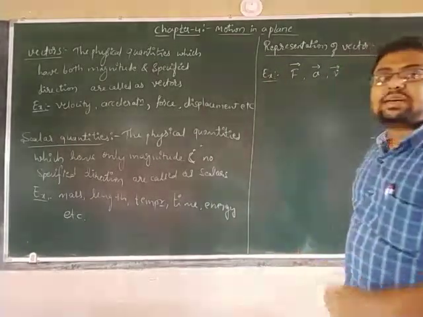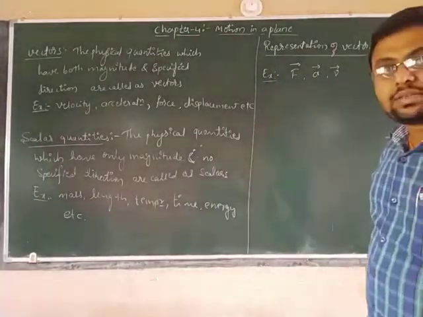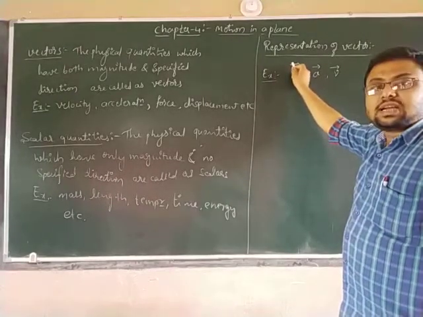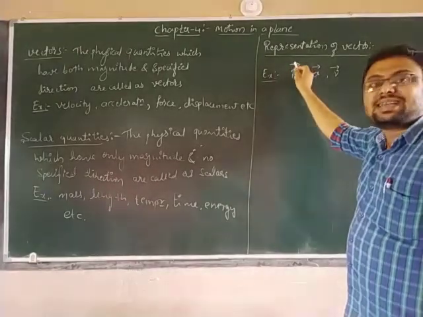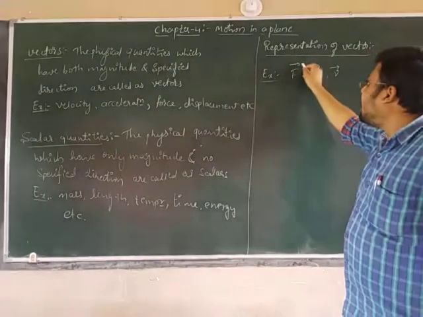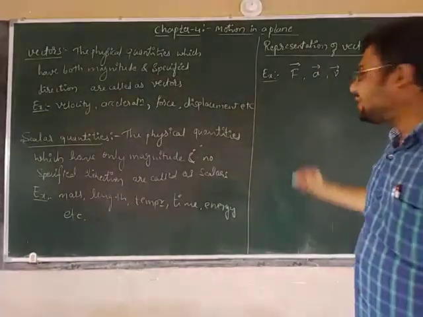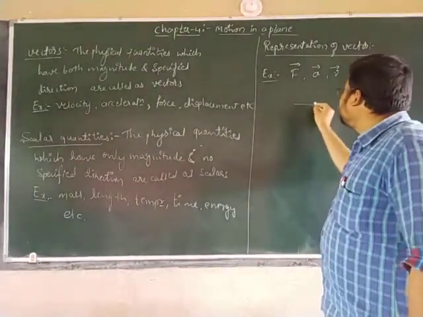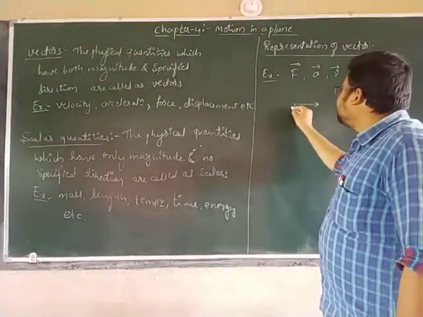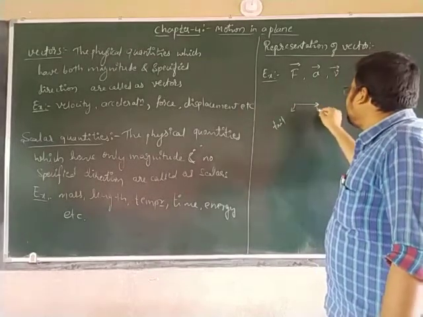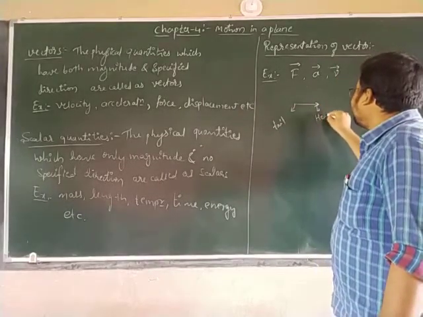This is how we can represent vectors. Here the starting point of the arrow is called the tail of the vector, and the ending point of the arrow is called the head of the vector.